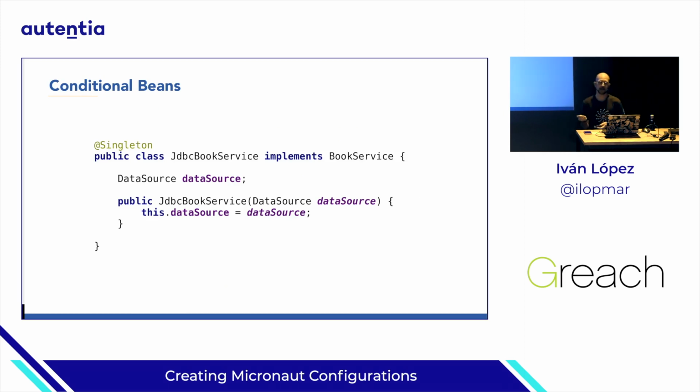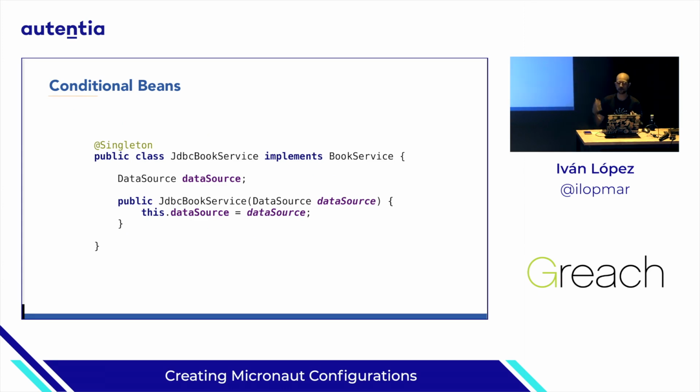And sometimes what happens is that we want to create conditional beans. These are beans that are only going to be created when some condition is true. So in this example, we have this JDBC bookstore, and it needs a data source.